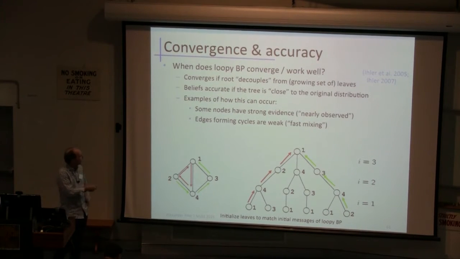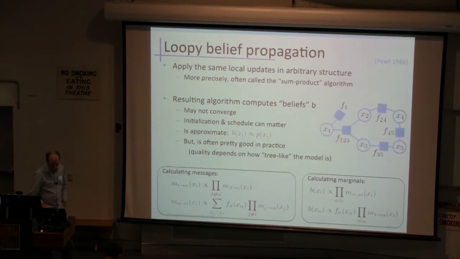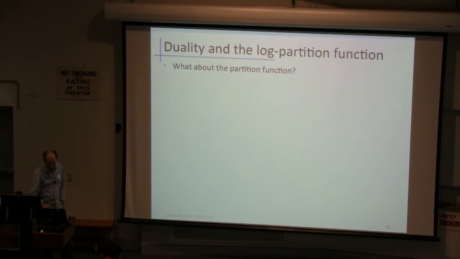Okay, so loopy BP was originally described as this rather procedural way of computing these marginal probabilities. But I mentioned before, we also want to calculate the partition function, the normalization constant of the distribution. And so what's the connection between loopy BP and this partition function?